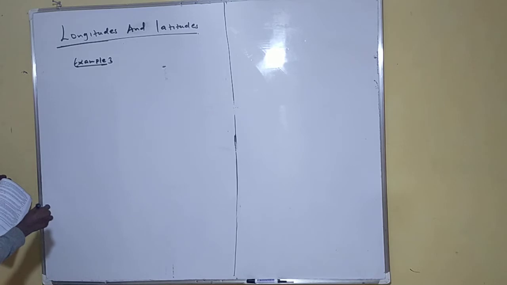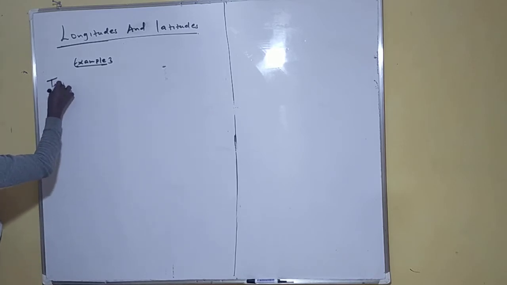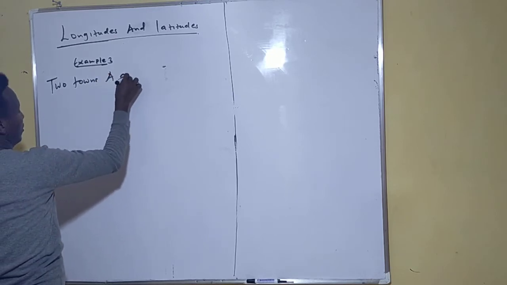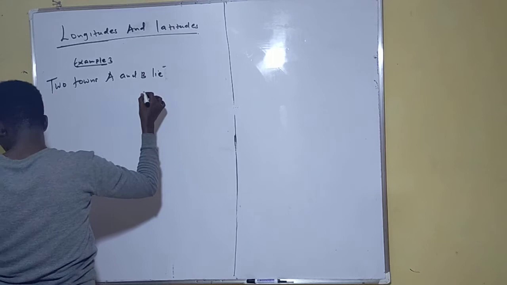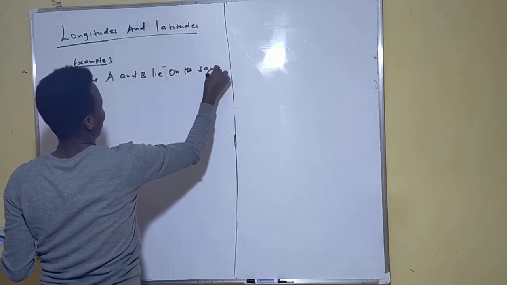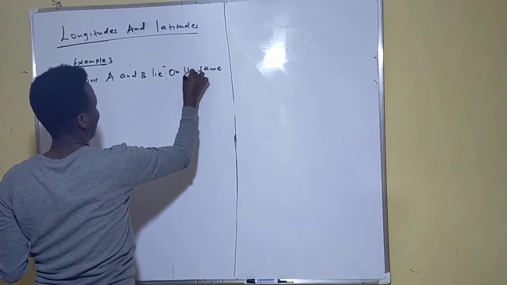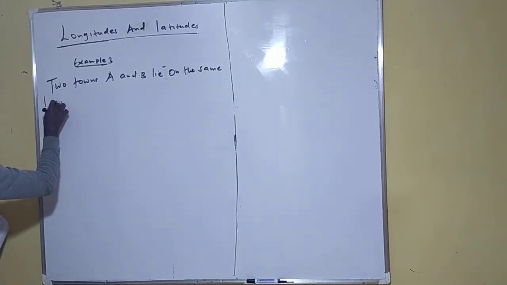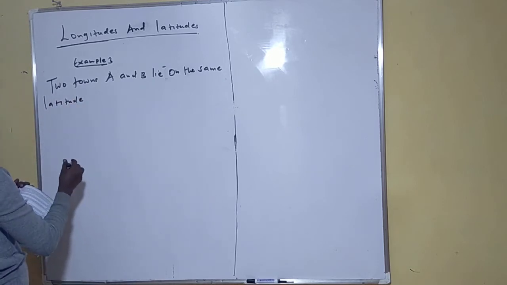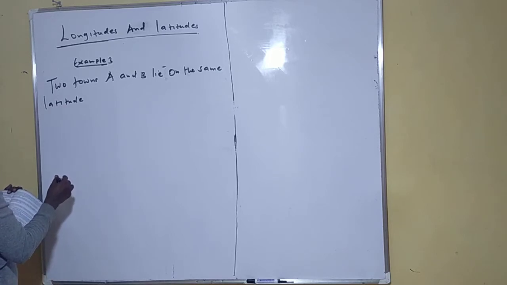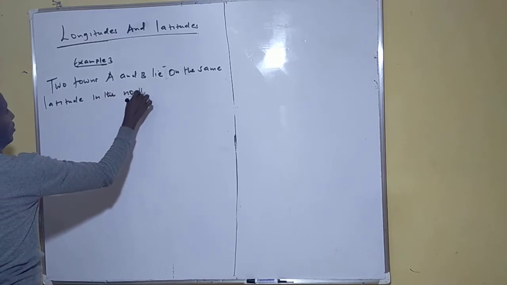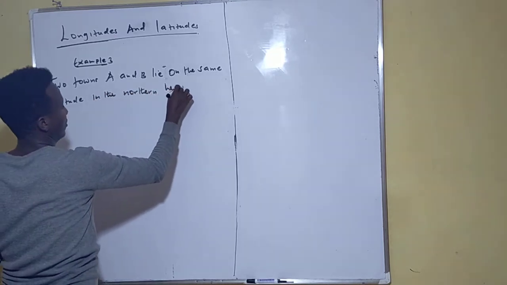You're told example 3: two towns, A and B, lie on the same latitude in the northern hemisphere.